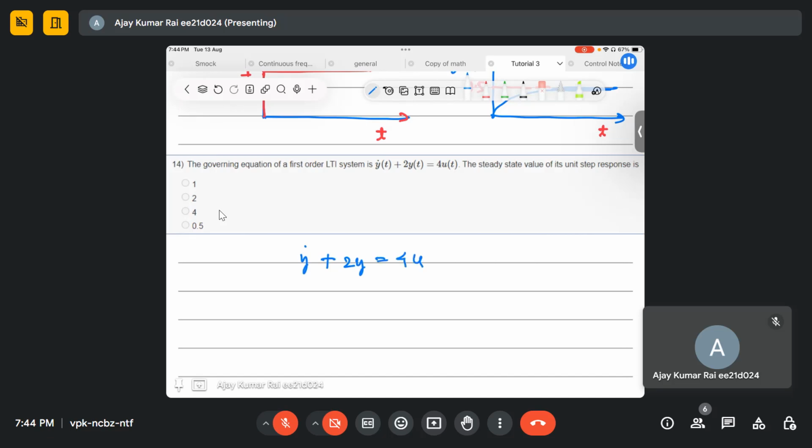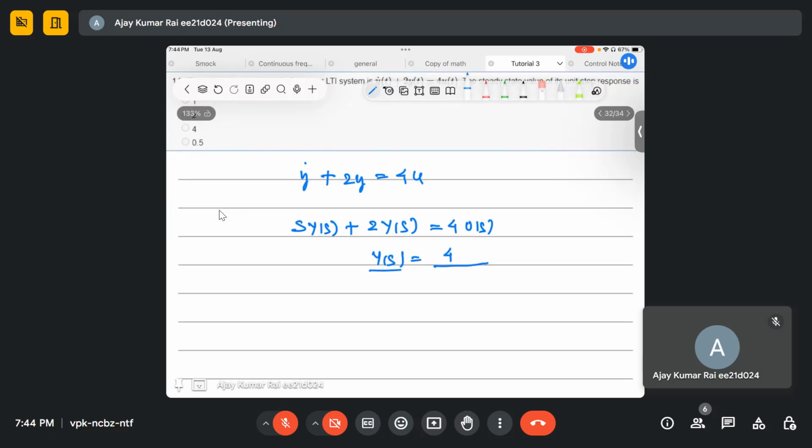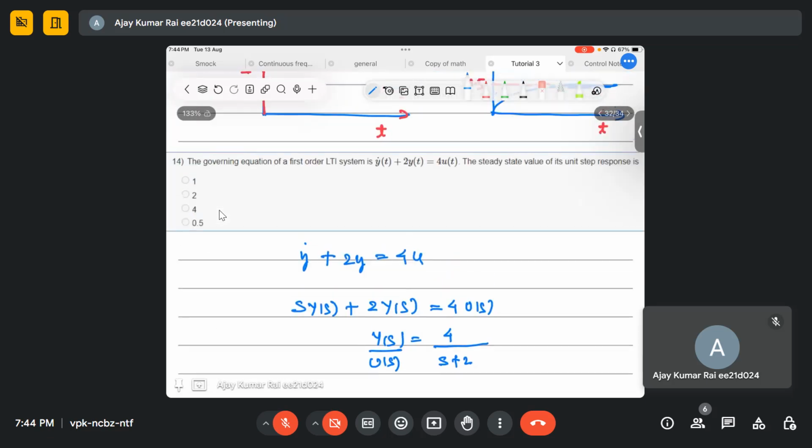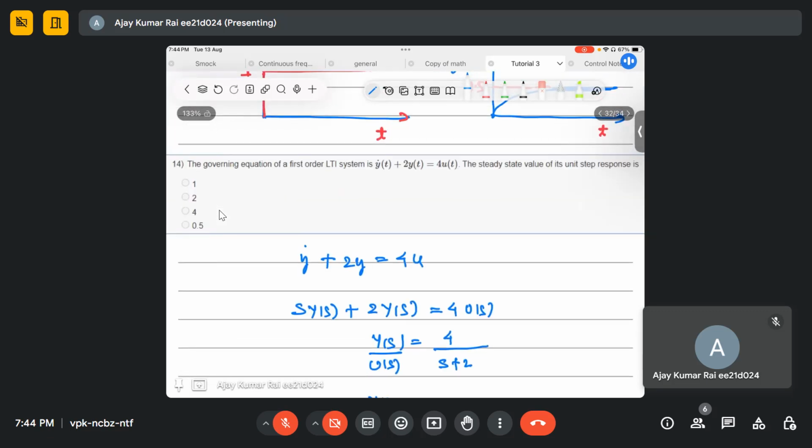Let's find the Laplace transform for this: 4 into U of s, so Y of s by U of s is 4 by s plus 2. And you have to find the steady state value of the unit step response.